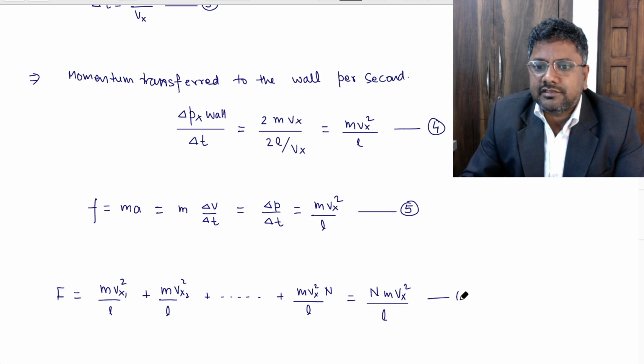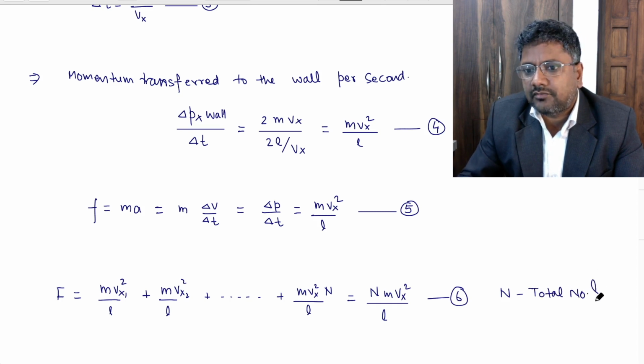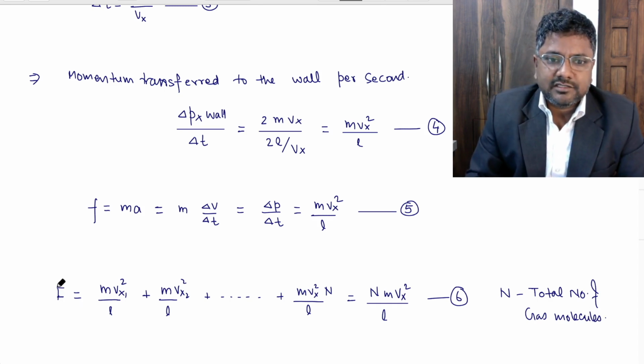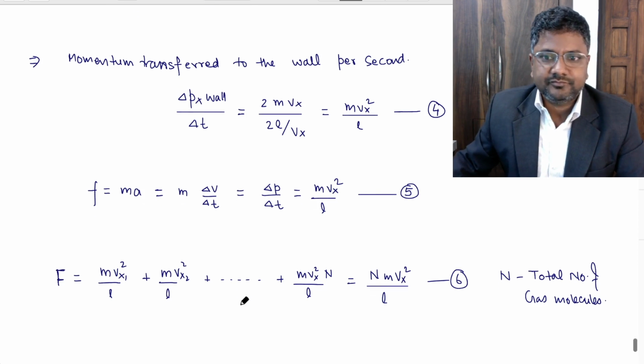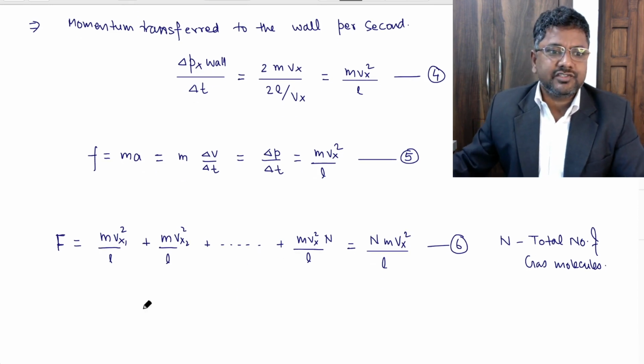So this is equation 6, where capital N is the total number of gas molecules, right? So this is the total force exerted by all the gas molecules. Okay, hopefully up to this everything is clear to all of you.